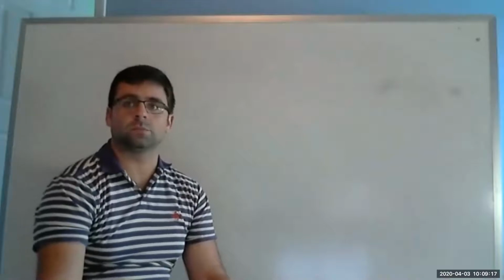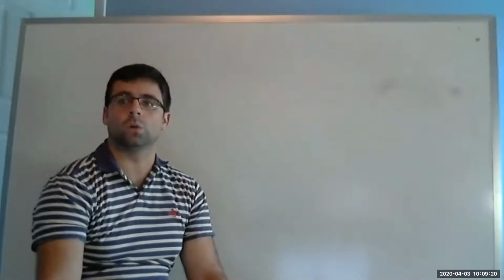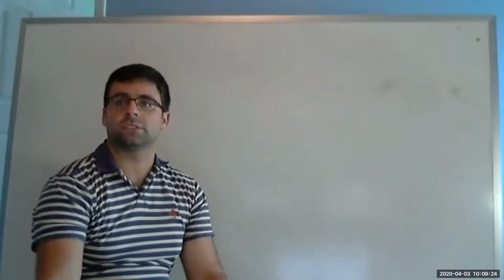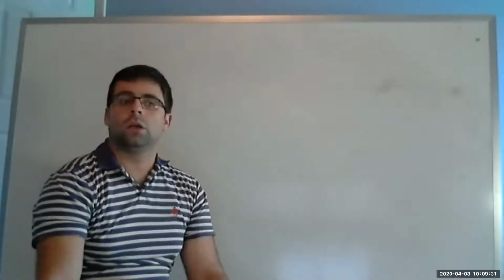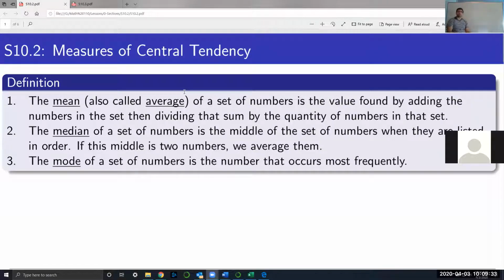But we're going to go even further into this analysis. So we will call these measures of central tendency, which is a big fancy way of saying these are qualities that groups of numbers have. Most everyone has seen these things before.